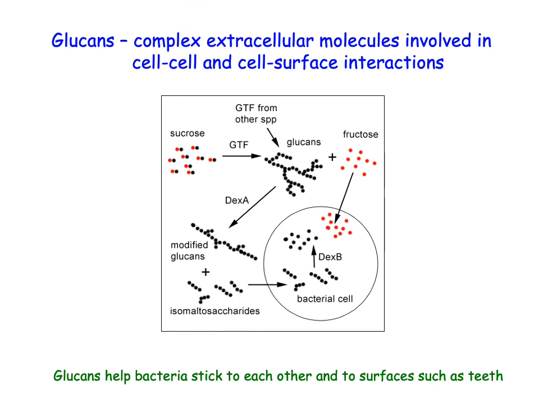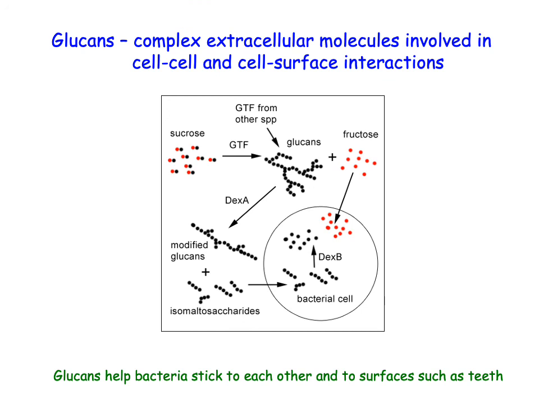Okay, so when the strep mutans encounters a nice meal of sucrose, it can break the sucrose apart into fructose and glucose, use the fructose for energy, synthesize polymers from the glucose, which it can embed itself in, and use those polymers or glucans as extracellular matrix.